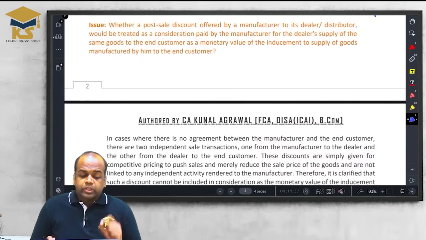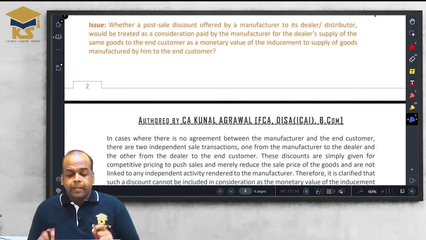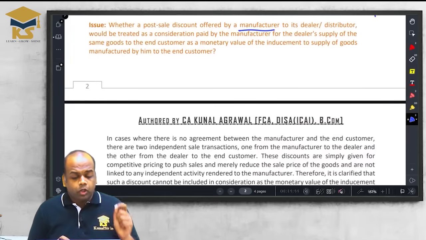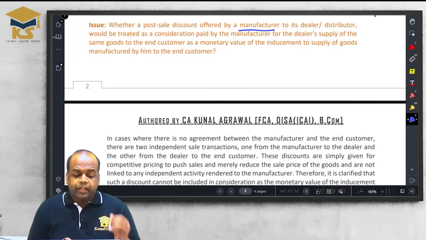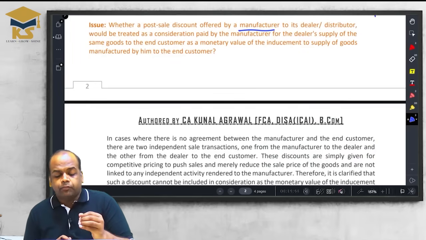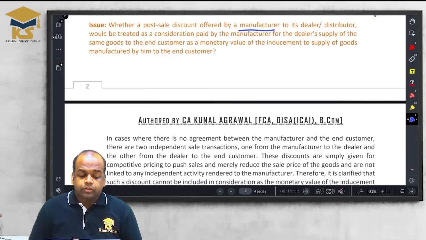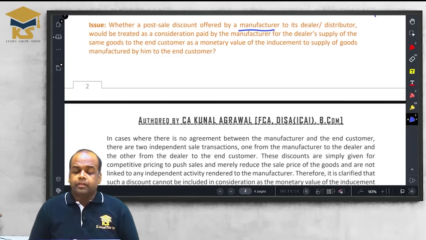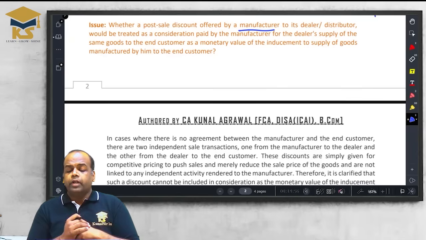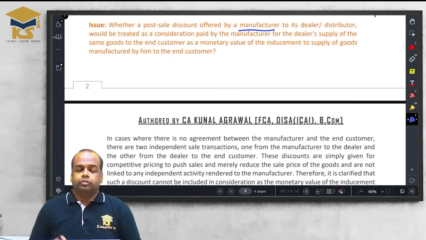Whether a post-sale discount offered by a manufacturer to its dealer or distributor would be treated as consideration paid by the manufacturer for the dealer's supply of the goods to the end customer, as a monetary value of inducement to supply goods. Now understand this.